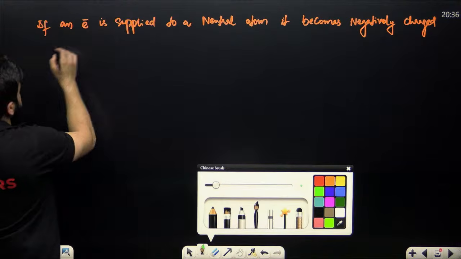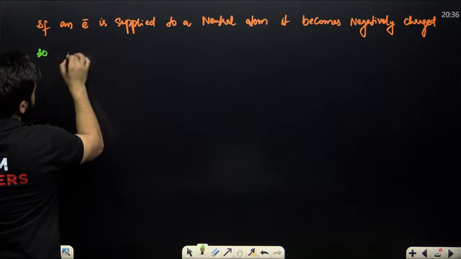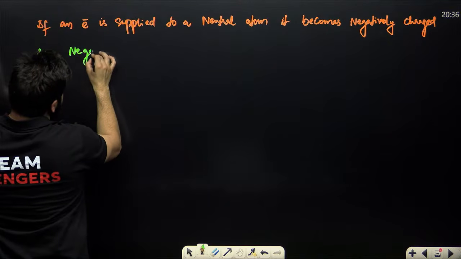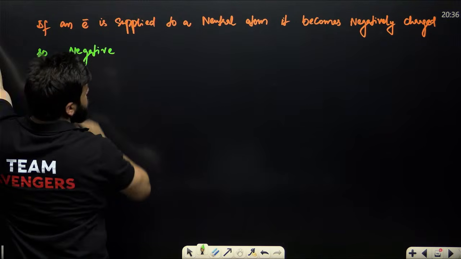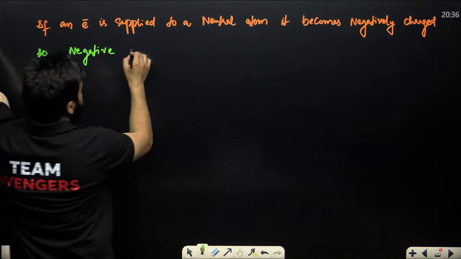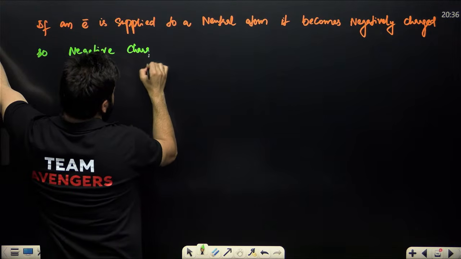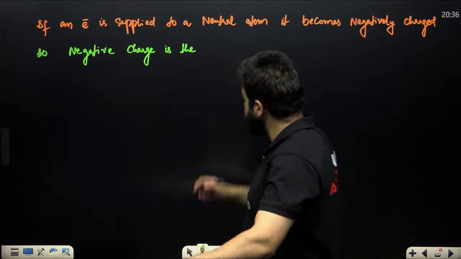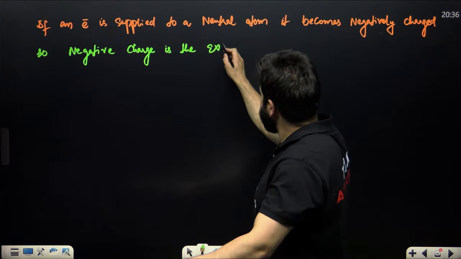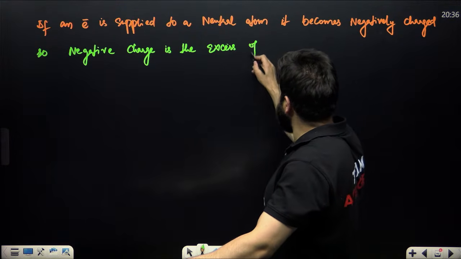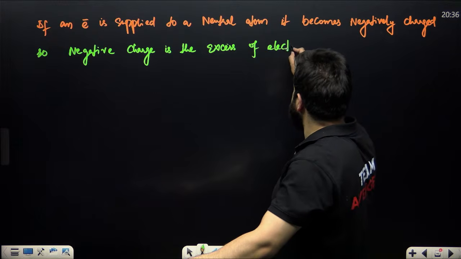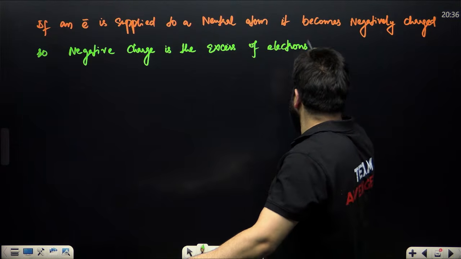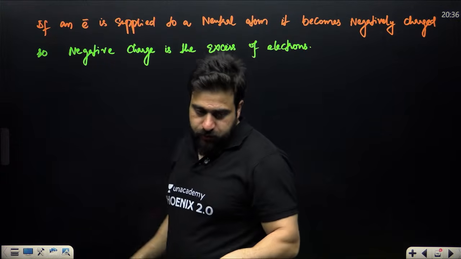So we can say negative charge is the excess of electrons.